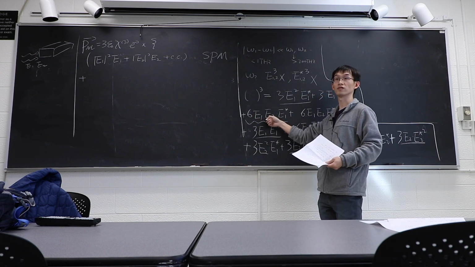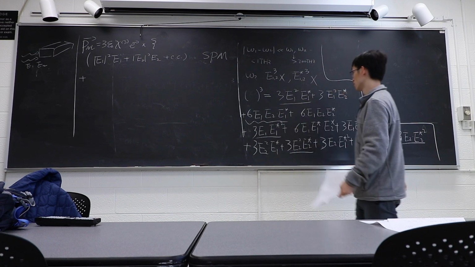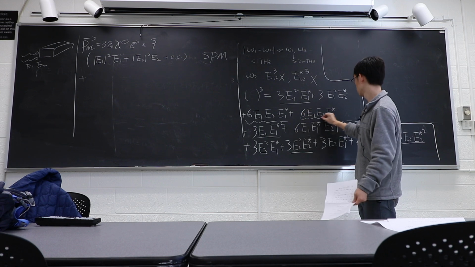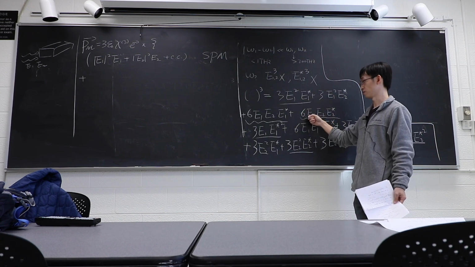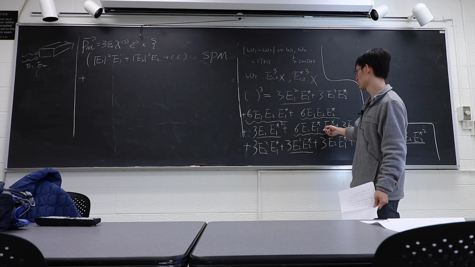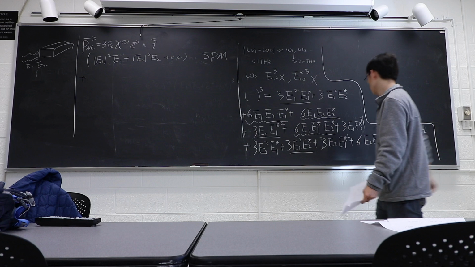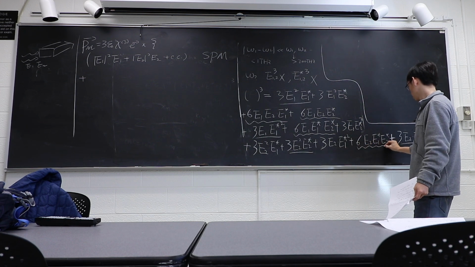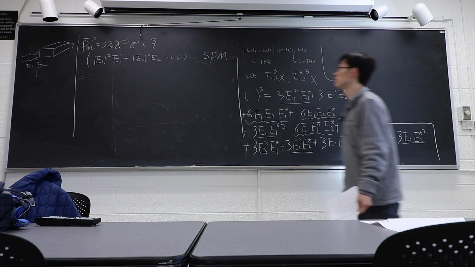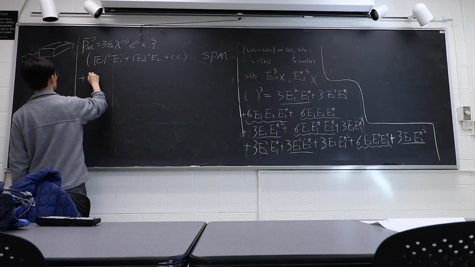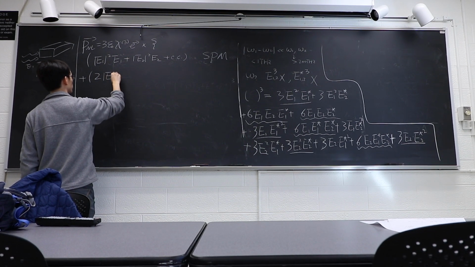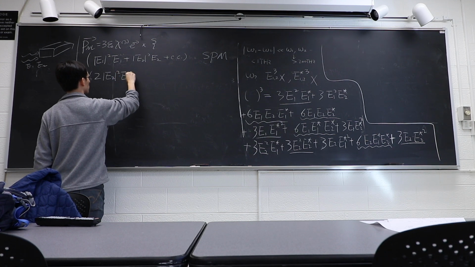This one has a frequency of E2, and this one has a frequency of U1. Same here. This is a complex conjugate of this, and this is a complex conjugate of this. So the second term, there's a factor of 2 here: 2 U2 squared U1.